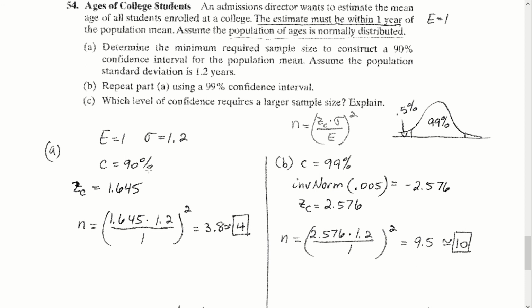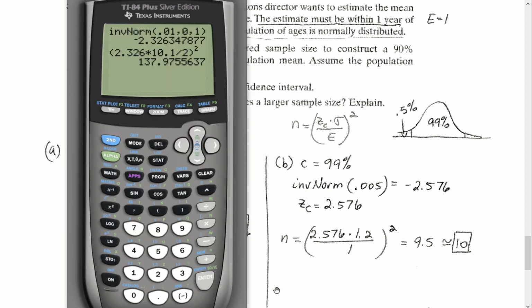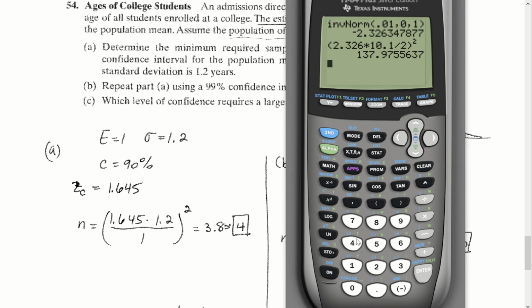But we know that corresponding to the 90% level of confidence, that should be a Z critical value of 1.645. So n is going to be Zc 1.645, and again, ideally you should take that out a few more places, times sigma, that's 1.2, divided by the margin of error, 1, and then we're going to square that. 1.645 times 1.2 divided by 1.